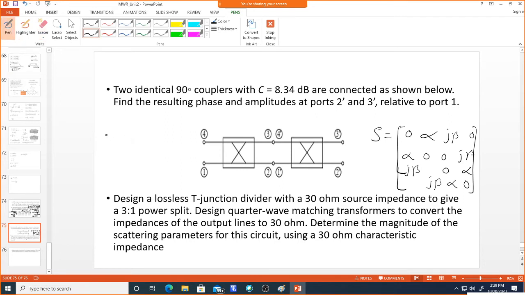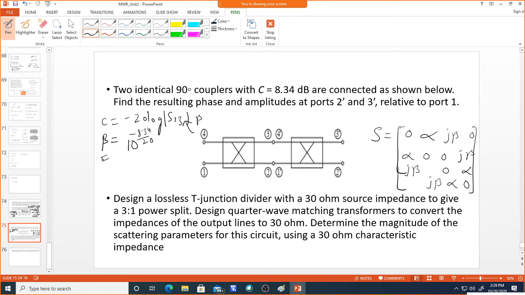The coupling factor is 20 log of S13, so S13 is nothing but beta. Now the coupling factor is 8.34 dB, divided by 20, and taking the antilog, 10 to the power 8.34 divided by 20, gives the beta factor in absolute value, or S13.